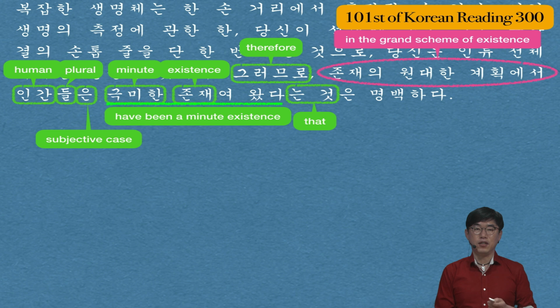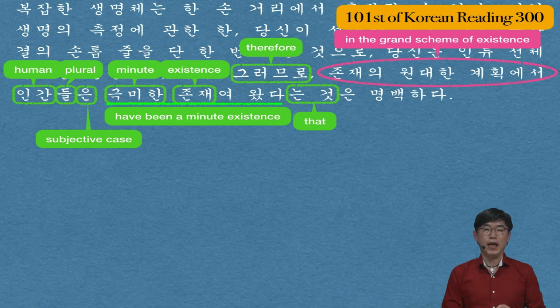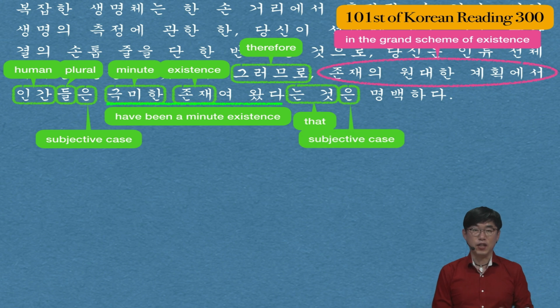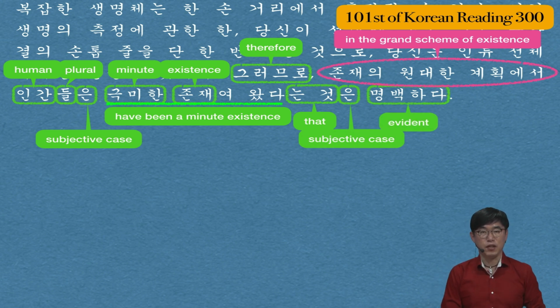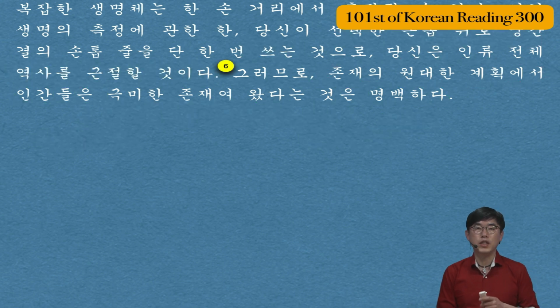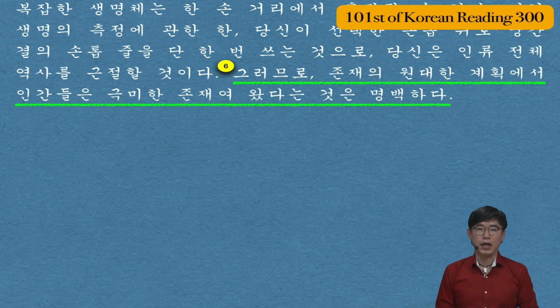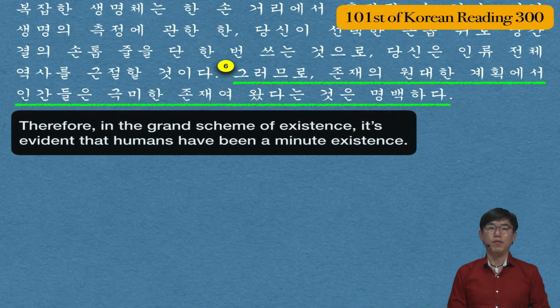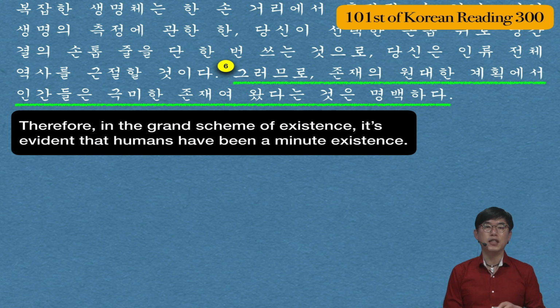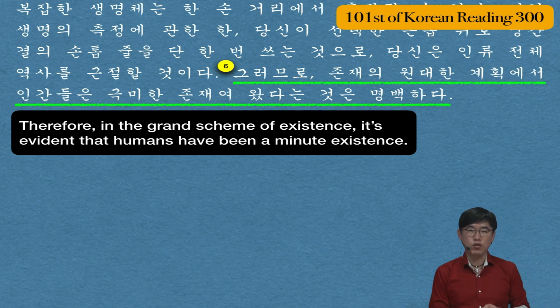And 는 것 is the noun form of a clause. So this is the same as conjunction that in English. And 명백하다 is an adjective and its meaning is evident. So 그러므로 존재의 원대한 계획에서 인간들은 극미한 존재여 왔다는 것은 명백하다. Therefore, in the grand scheme of existence, it's evident that humans have been a minute existence.